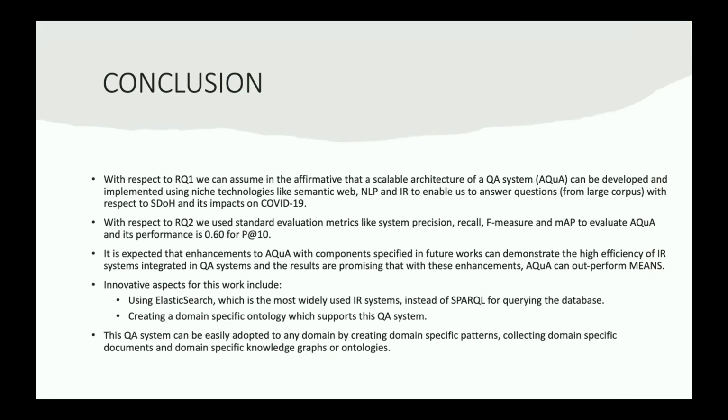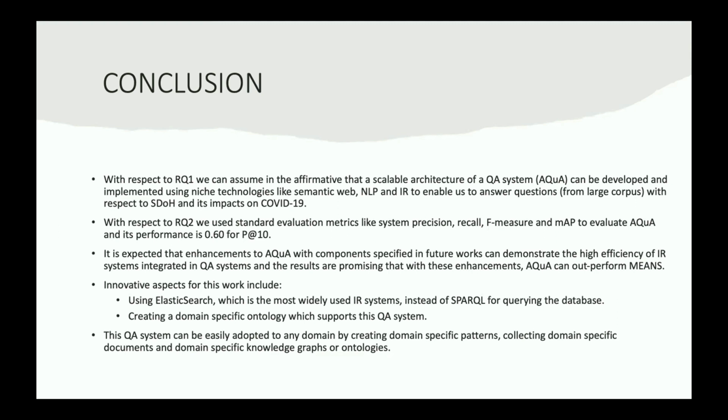With respect to question 2, we used standard evaluation metrics like system precision, recall, F measure, and mean average precision to evaluate Aqua, and its performance is 60% at the 10th position, for the top 10 answers for the 20 questions we have evaluated this on. And it is expected that the provided future works would definitely enhance the performance of Aqua.